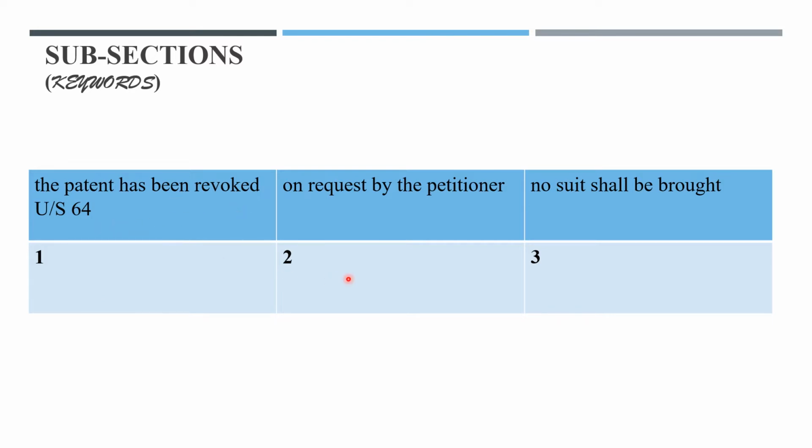For subsection 2, the key phrase is on request by the petitioner, and for subsection 3, this is no suit shall be brought. Okay. So please try to remember these key terms so that you can very well recall the gist of the subsections and the section as a whole. Again, this is my way of picking the words. You can pick your own. Okay, fine.